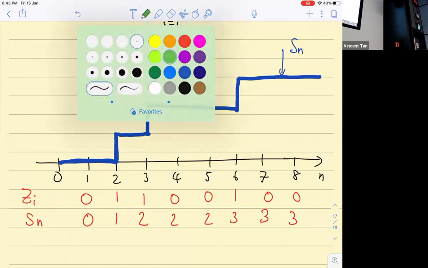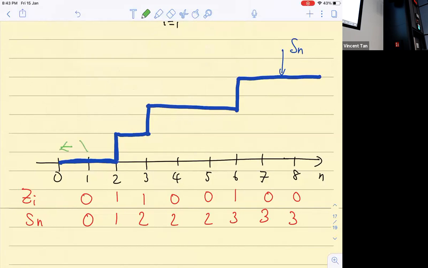We can define yet another sequence of random variables, which is our inter-arrival times, X1, X2, X3. Those are the inter-arrival times: the amount of time you need to wait for one customer to pop into your shop.